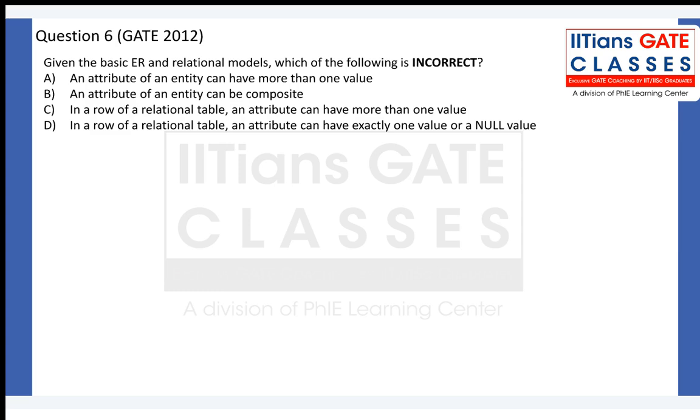Given the basic ER and relational model, which one of the following is incorrect? An attribute of an entity can have more than one value. Can it have more than one value? An attribute? Yes, I mean a multi-valued attribute. An attribute of an entity can be composite. Can it be composite? Obviously.